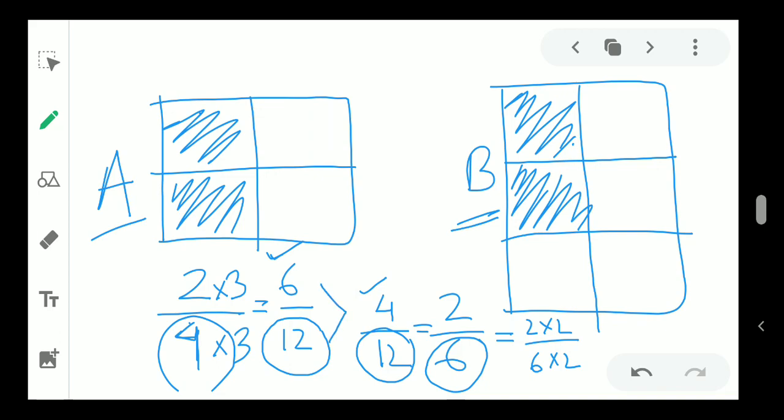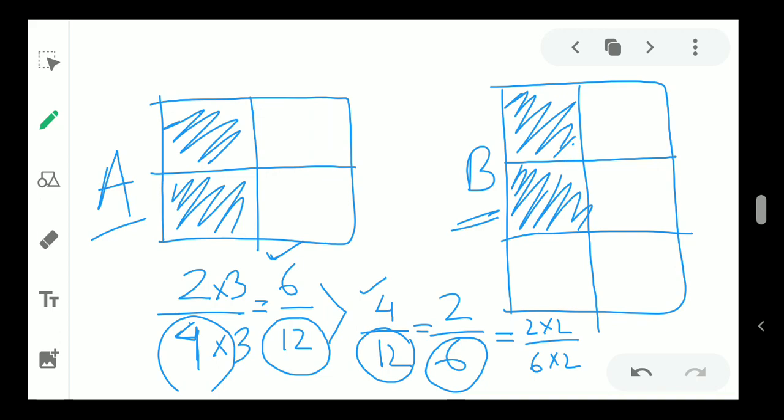So that means A has done more work than B. That is why we basically use fractions to compare things, and ratio is something like that.